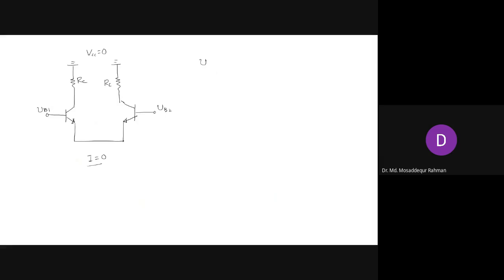Now VB1 minus VB2 is our input voltage VID, the differential input voltage. So we can show it like this if you just extend from here. That is our VID, plus on this side, minus on this side. This is Q1 and Q2.